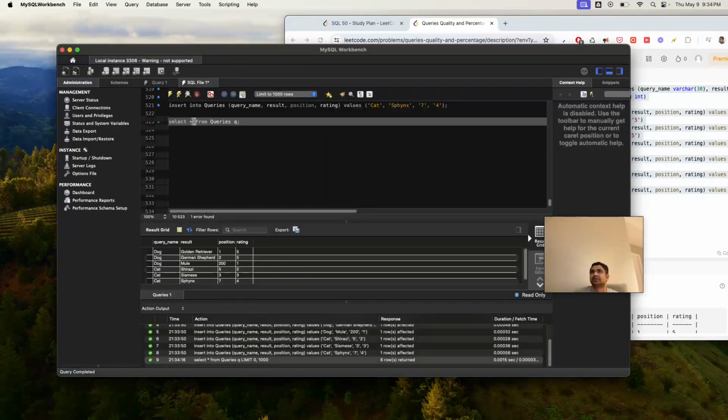So here I am just putting group by q.query_name, and here q.query_name.